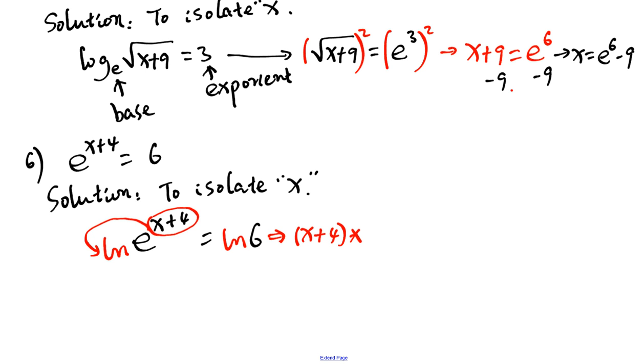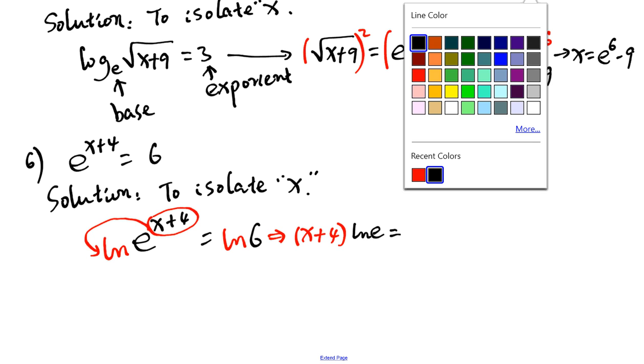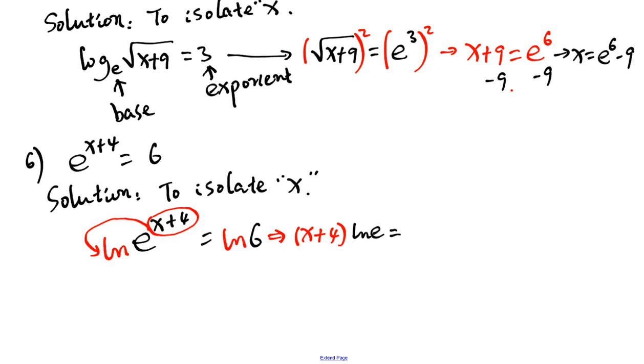So that will be x plus 4 times the natural log of e equals natural log 6.